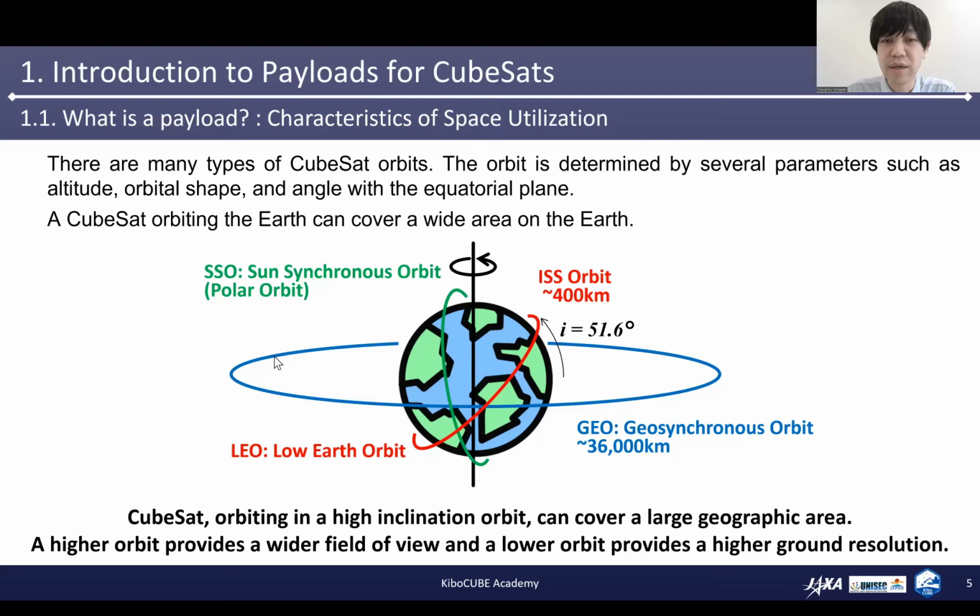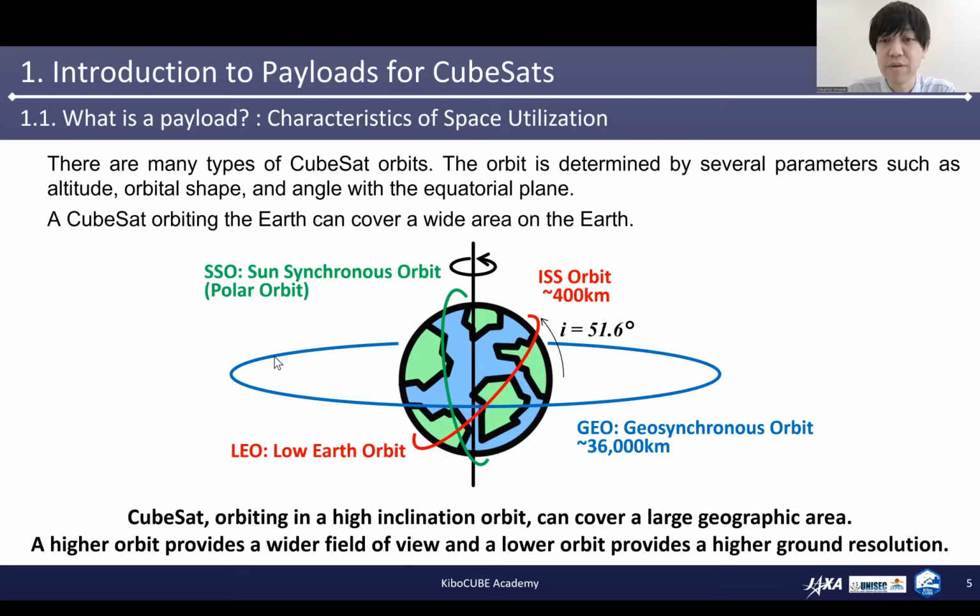Satellites released from the ISS will also follow a similar orbit as the ISS. Unlike SSO, the sun illumination condition of the ISS orbit changes with time, so you need to consider several important effects on your satellite, such as power generation and thermal control.